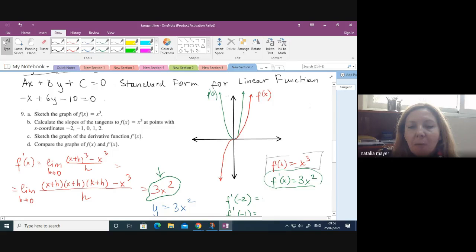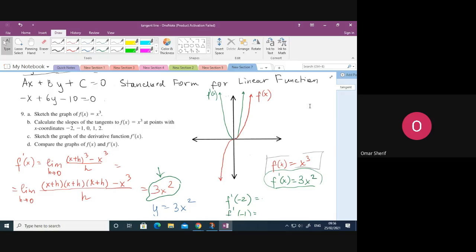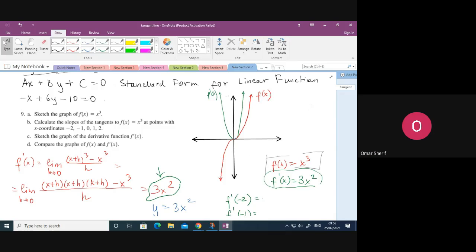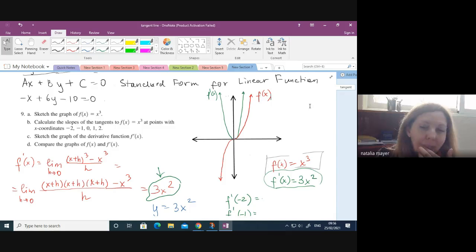So what's the equation of the derivative function? f prime of x is 3x to the power of 2. How can you describe this function? What type of function is it? The quadratic function, absolutely.